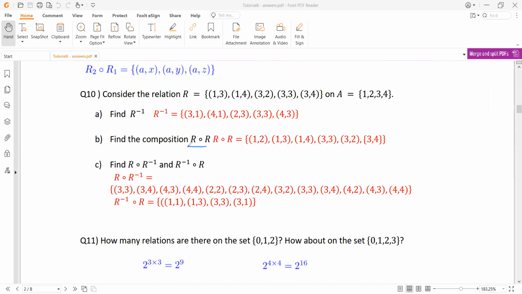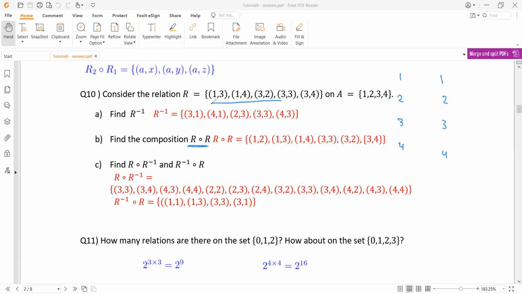And as I said, guys, composition is very easy to do from the graph. It would be great to do it from the graph, okay? How do we do it from the graph? It's very easy. Draw 1, 2, 3, 4. 1, 2, 3, 4.